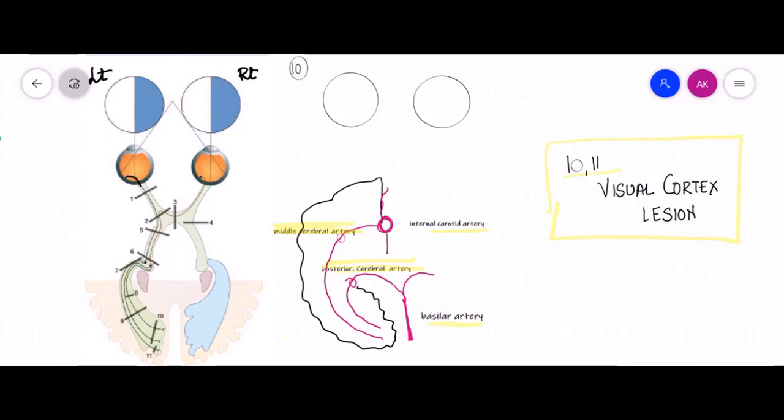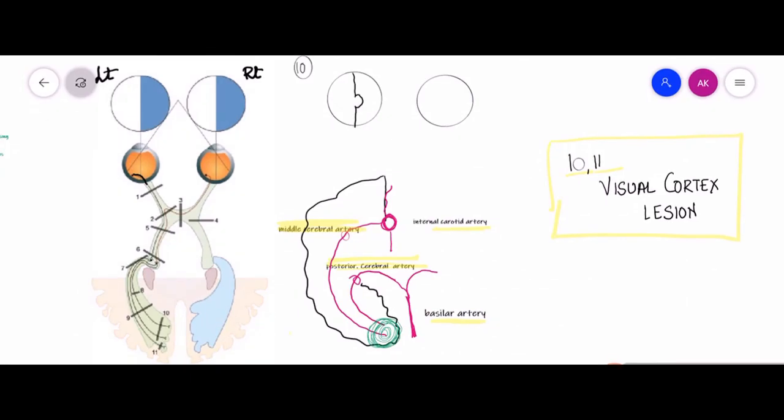Moreover, at the tip of the occipital lobe, or the part where actually the visual cortex is present, the maximum number of fibers are representing the macula. In other words, we can say that the macular fibers have the maximum area occupied in the occipital lobe or in the visual cortex. And as can be seen clearly in this diagram, the posterior cerebral artery and the middle cerebral artery both are supplying the macular area.